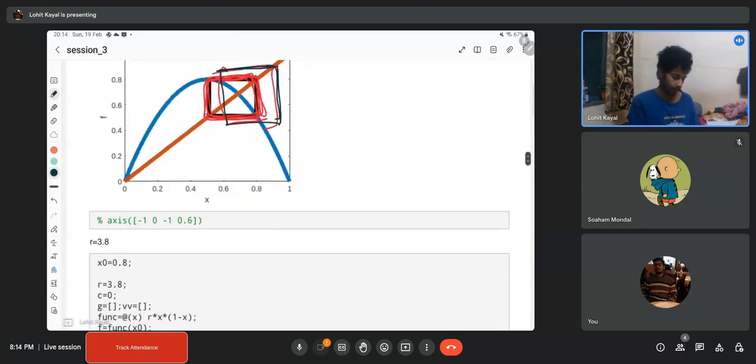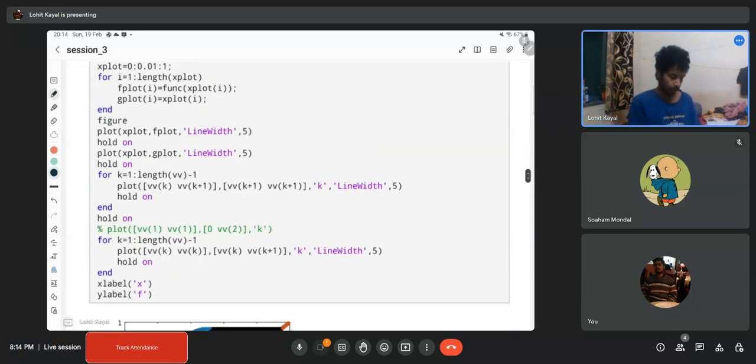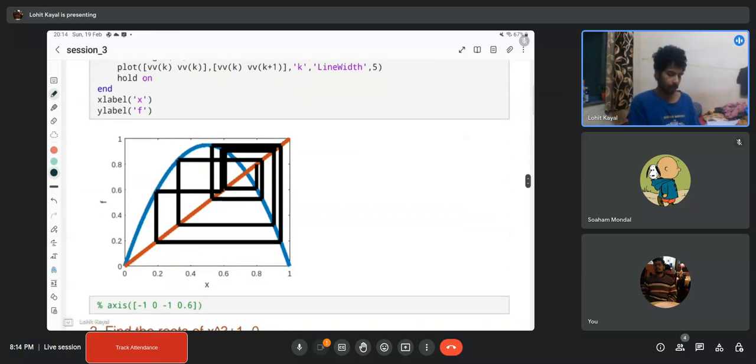It will go like this. Now, when you take a higher value, 3.8, you will find that there is no stable solution, and you will see chaotic behavior. All of these things come from this simple equation.